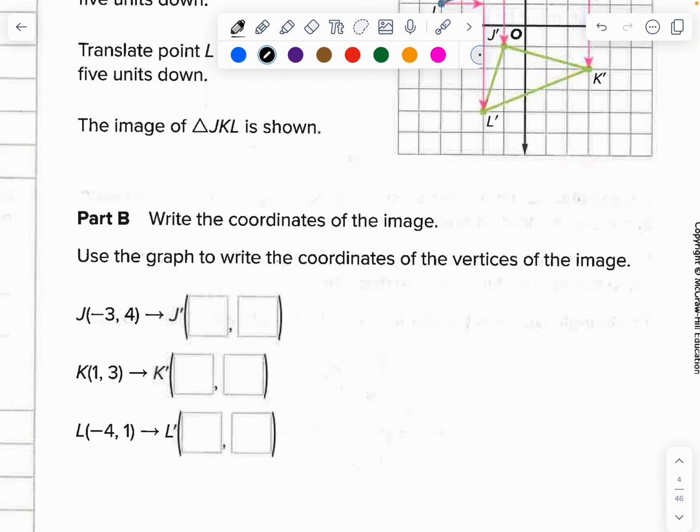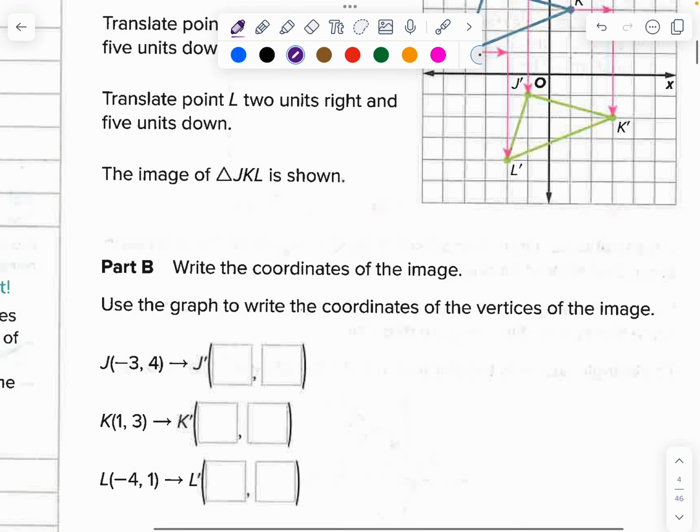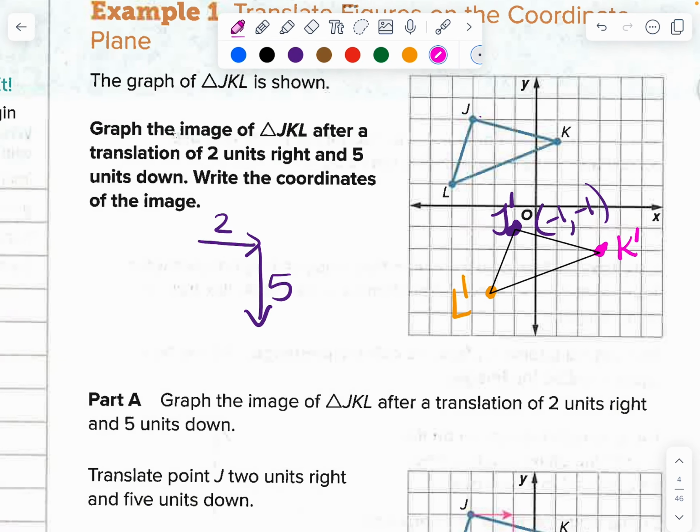Now, let's look at what the points are. We're going to look here, and that's the point -1, -1. So we're going to come down here, and we're going to put -1, -1. It's going to be 3, -2.